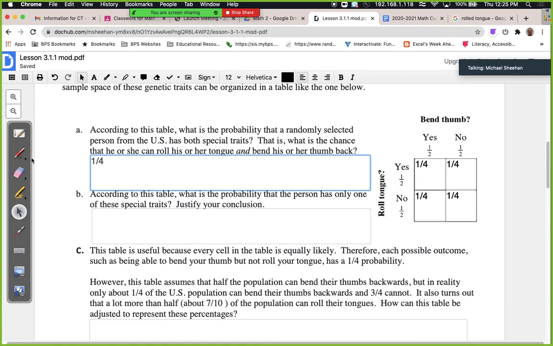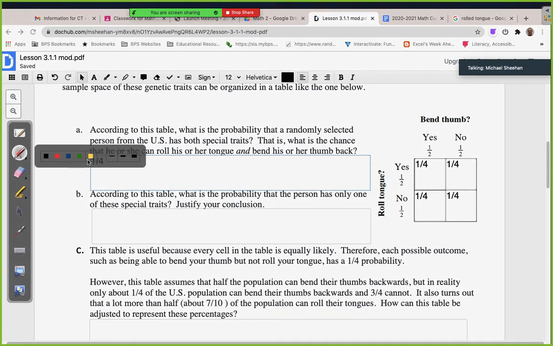Or let me ask you in this way. Out of these 4 categories, how many of them can only do one thing? One of them, 2 of them, 3 of them, or all 4 of them? How many can just do one thing, but not both?